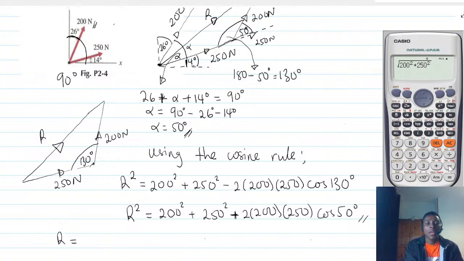And then minus 2 times 200 times 250 and then cosine of 130.